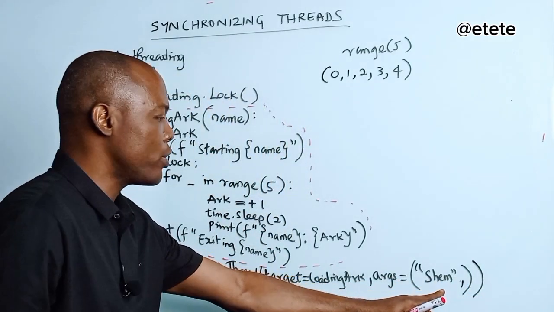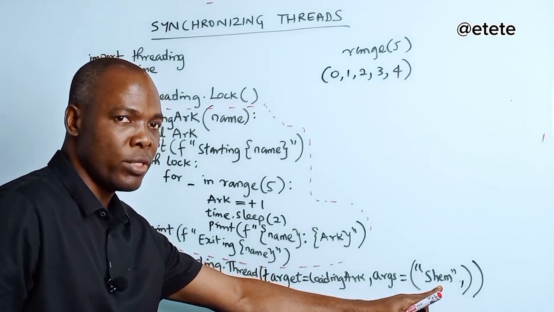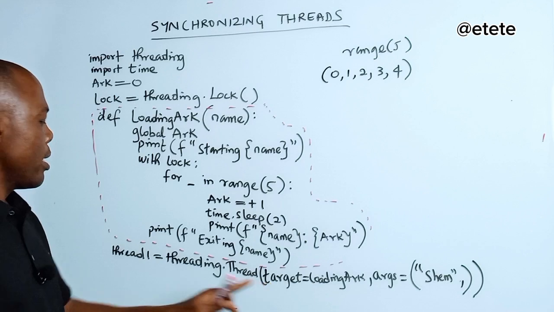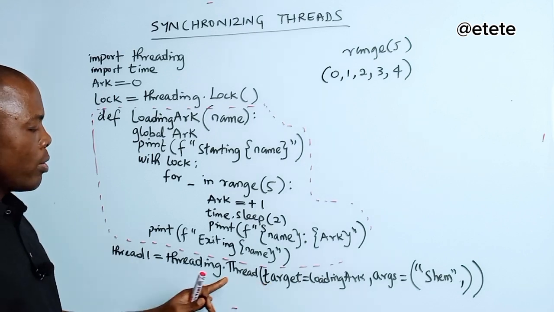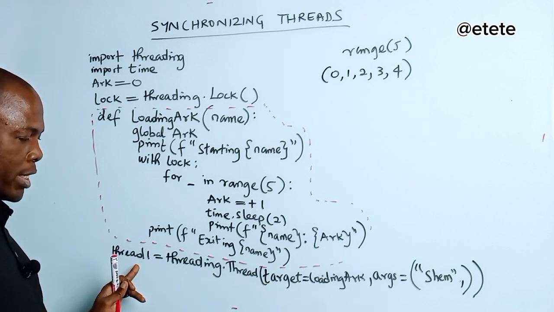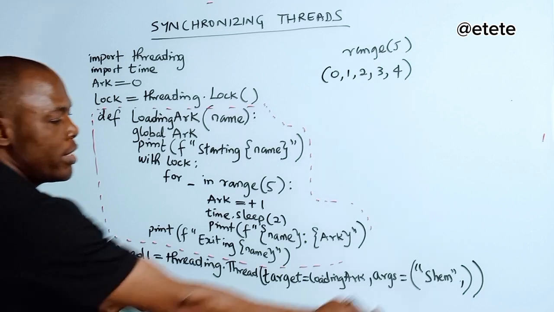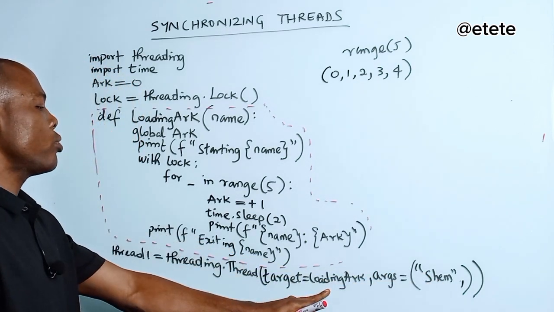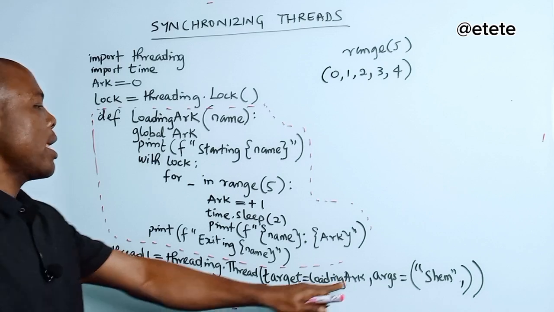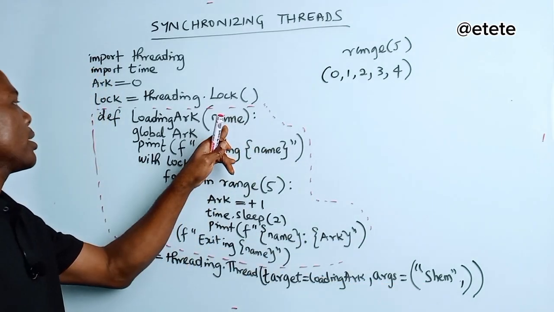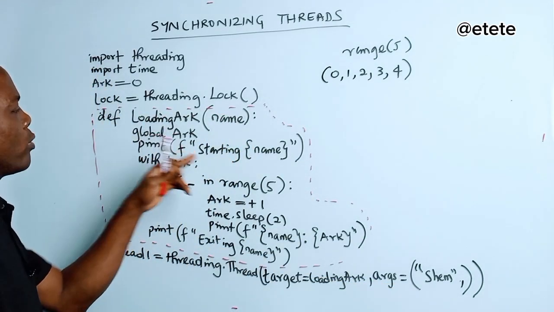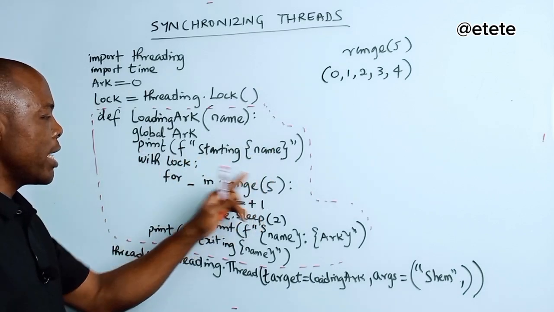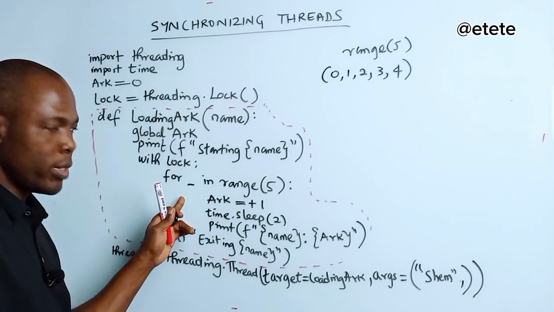All right, so this is the first thread that I've created. I've given a name to this thread, which is Shem. Once thread 1 is created, this is the variable that is referencing this object. So the name of the object is Shem. Now, it's going to activate this loading arc and supply this Shem to it. Then it will go in and print starting Shem. Then Shem will obtain the lock, and then Shem will start loading the arc with the animals.